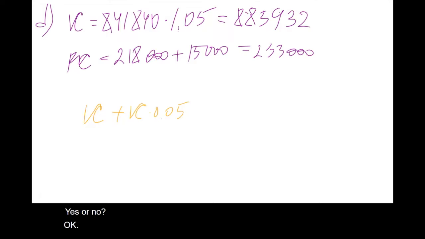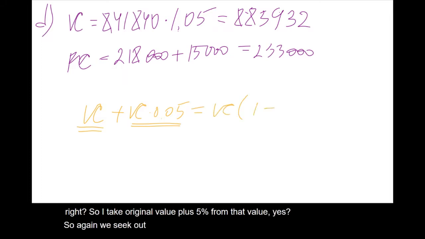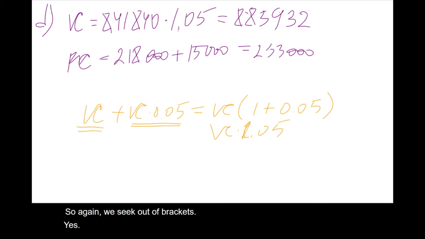Okay. So if I want to increase by 5%, right, I take the original value plus 5% of that value, yes? So again, VC out of brackets. Yes?